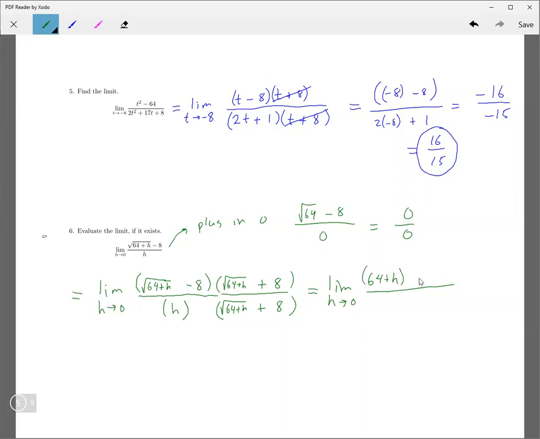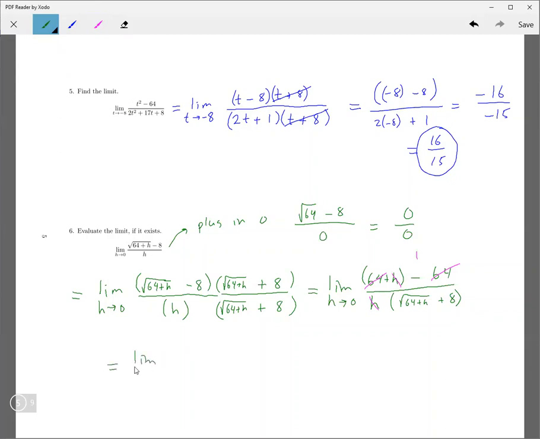Then minus 8 squared, which is 64. That's what you get in the numerator. The denominator we'll just leave alone. Then the 64s cancel, and you're just left with an h, which reduces with the h in the denominator to 1.